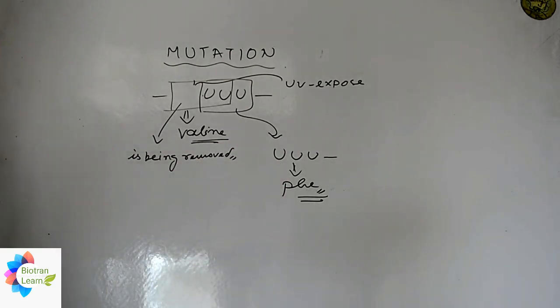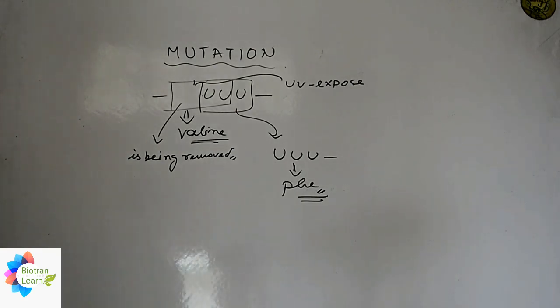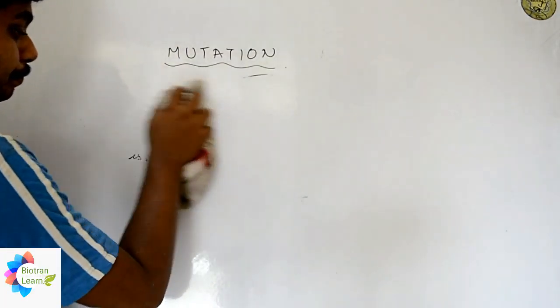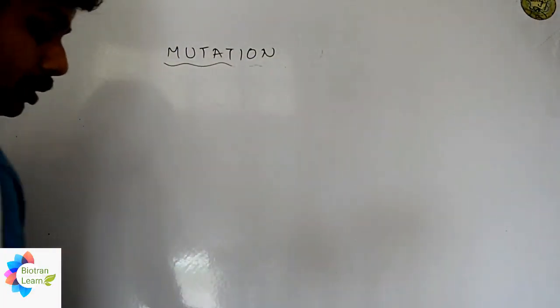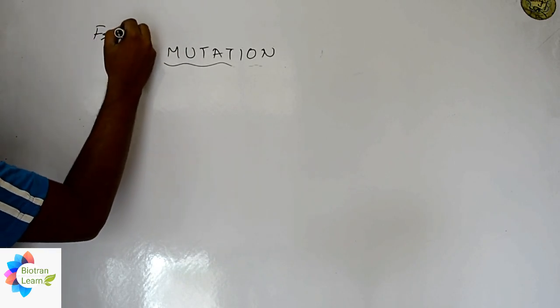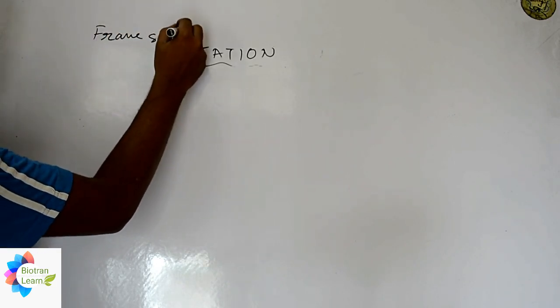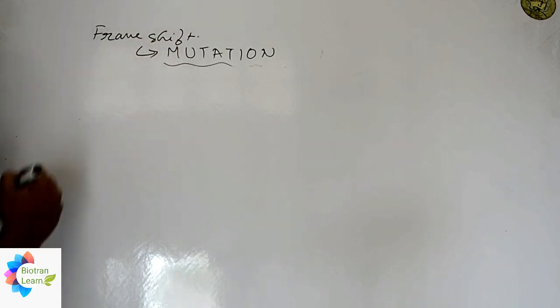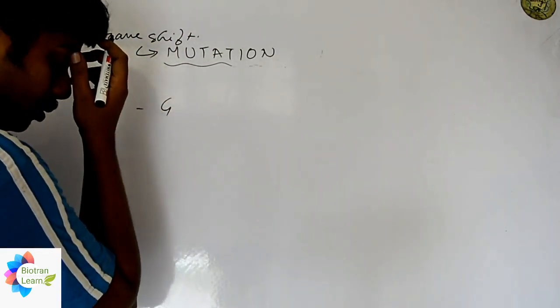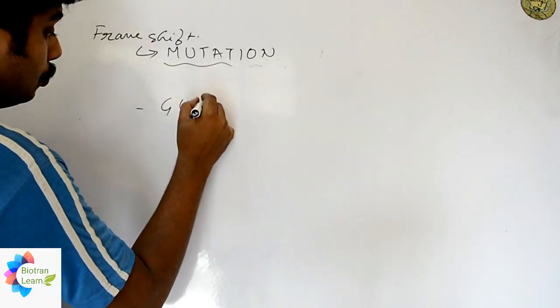Now there is another thing that is known as the frame shift mutation. So let's see what is it. Suppose in case of frame shift mutation, now we have a code for GUUC.